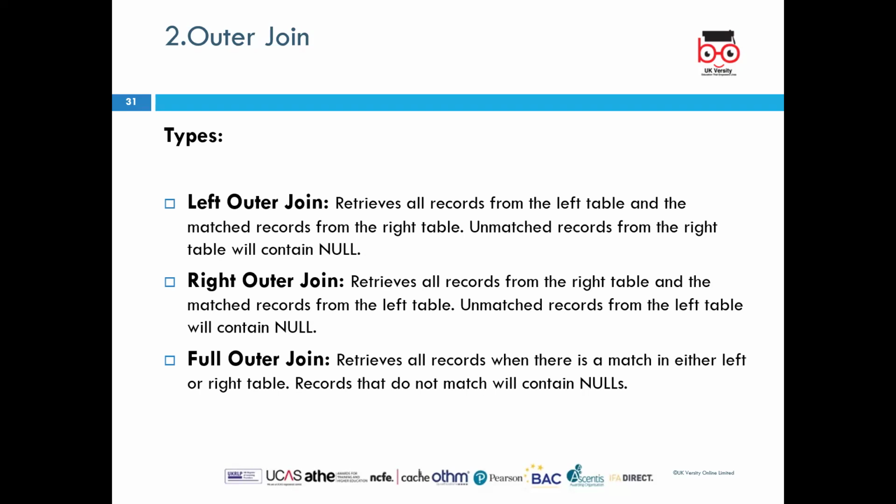With the right outer join, it's vice versa, where we're retrieving records from our right table and then matching them with the records from our left table. And the full join is going to retrieve all records when there is a match in either the left or right table.